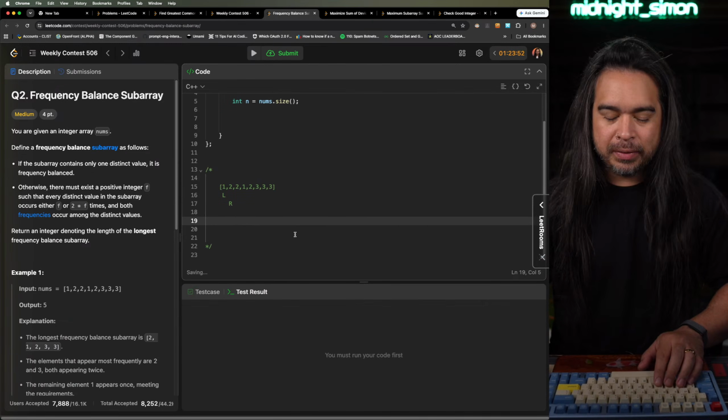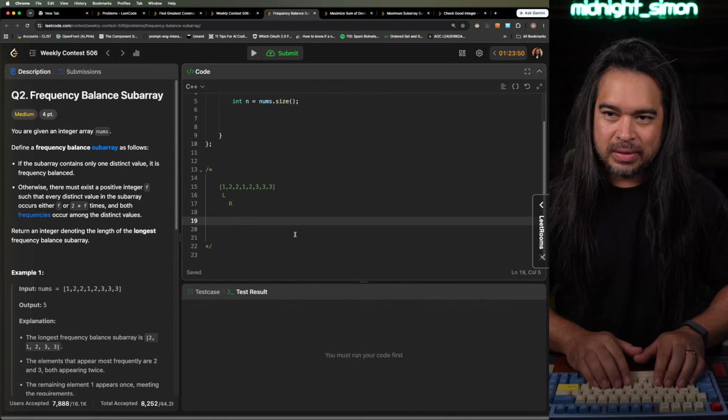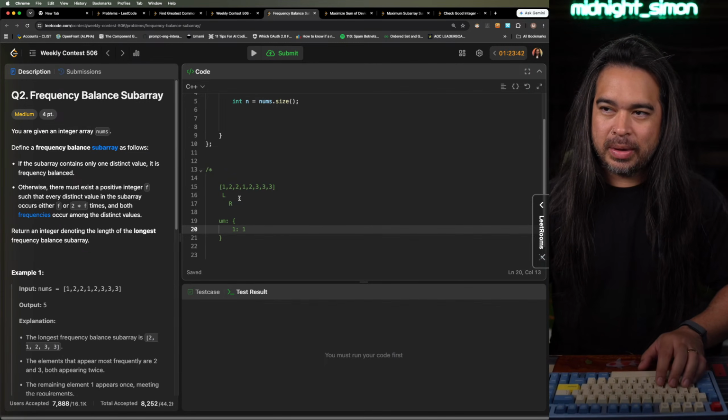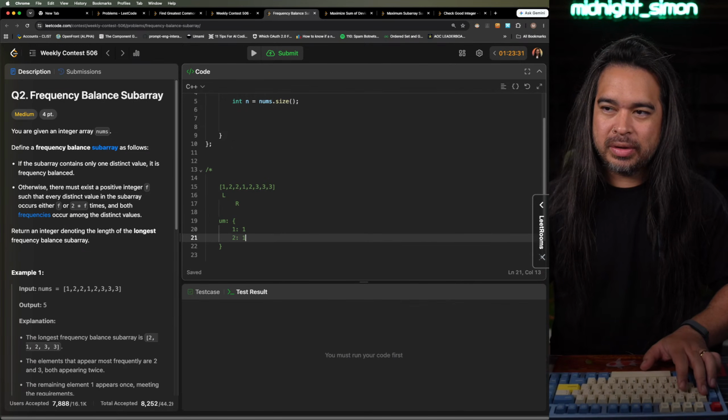We're keeping track of the frequencies. So let's say some unordered map, and right now we have 1 appears 1 time. We move the right pointer. Now this is our array. 2 appears 1 time.